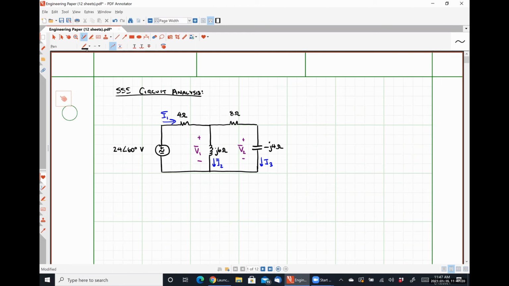So that is definitely one way that we could do things. We could use mesh or nodal analysis. That would require us to set up a system of equations, which we may not be able to solve by hand. So it might involve the use of the computer, but there's nothing wrong with that. Anybody got any other thoughts?